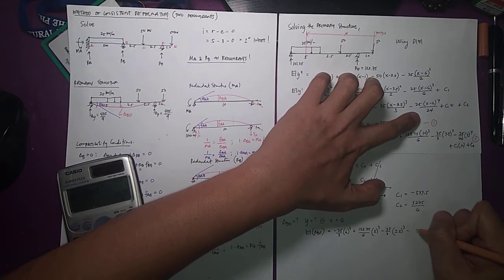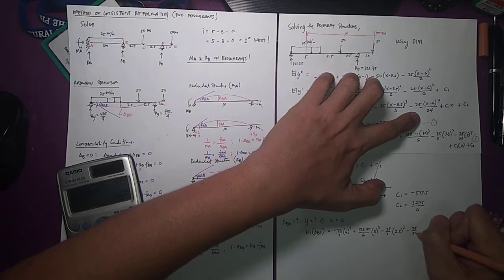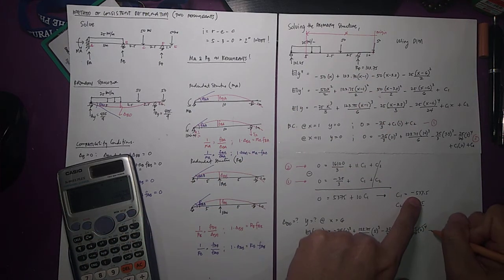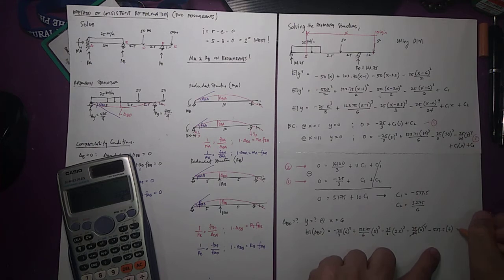Then minus 25 over 24 times 6 minus 6, which is just 0, so this would just be 0. Plus C1, which is negative 537.5 times x, which is 6. Then plus C2, which is 3275 over 6.